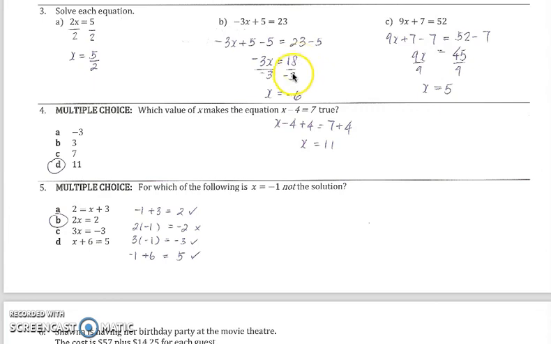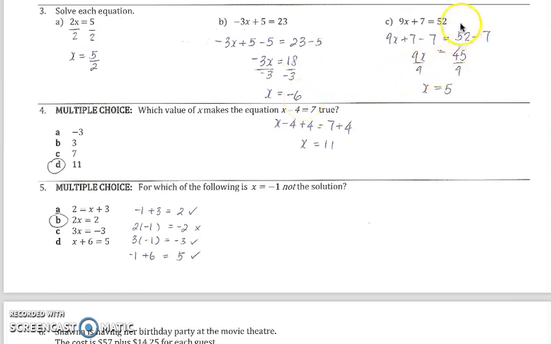Now divide both sides by negative 3 to isolate x. X is negative 6. Why negative? Because when you divide a positive number by a negative number, it is always negative.